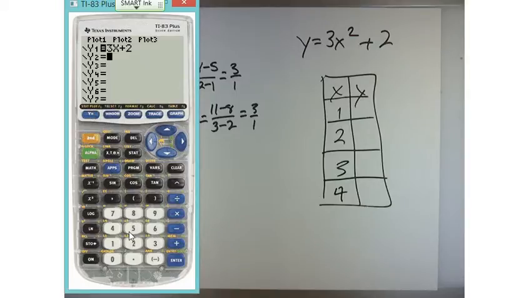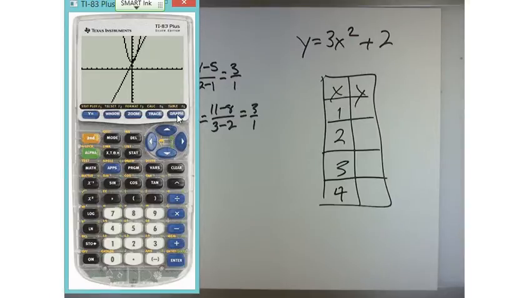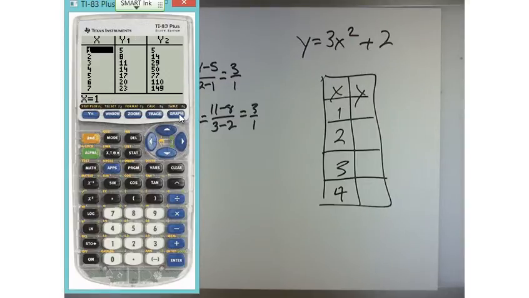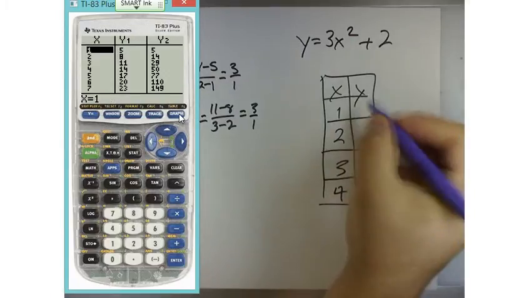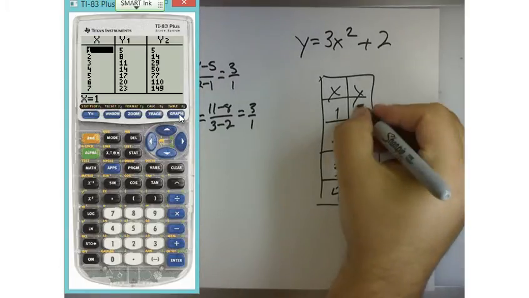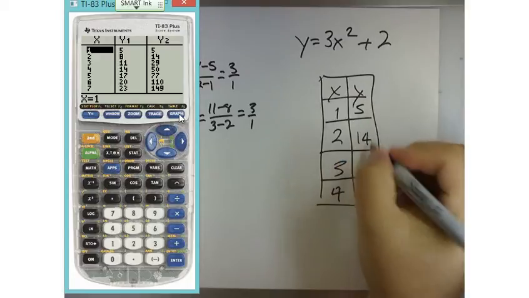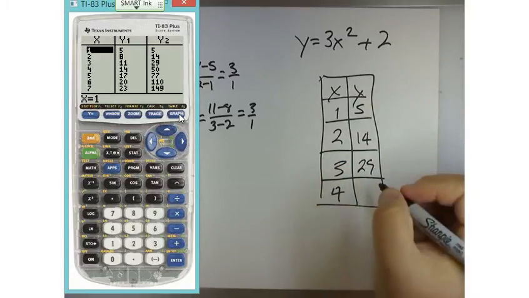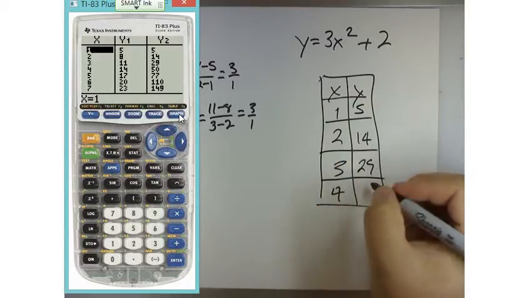So here I'm going to say 3x squared plus 2. But if I look at the table of values, when x equals 1, this one still equals 5, right? But now I've got 5, 14, 29, and then 50.